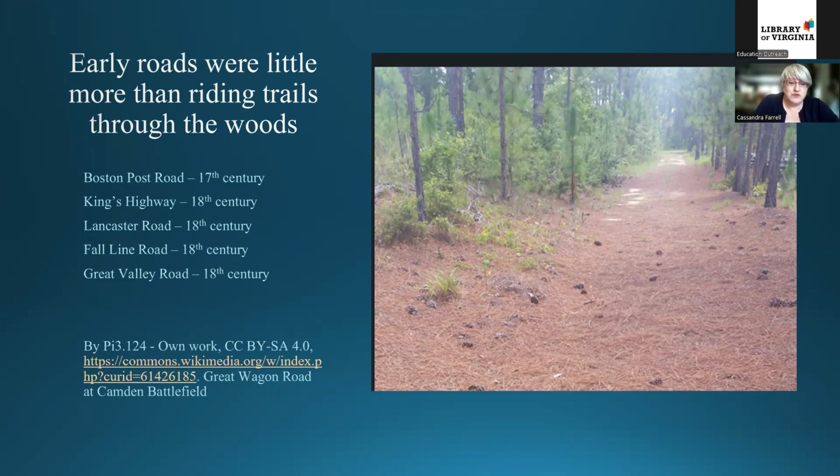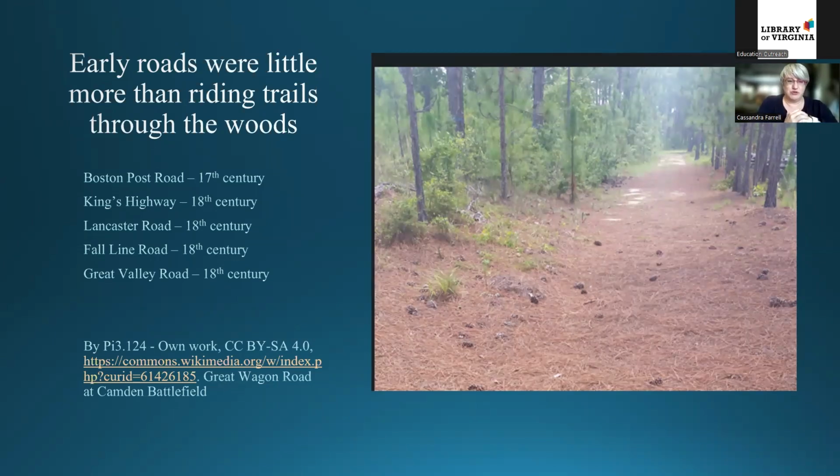As you move into the 18th century, specific major roads emerge. For example, the Boston Post Road exists and is in use in the 17th century. There is a road called the King's Highway that was in operation in the 18th century. The Lancaster Road in Pennsylvania connected Philadelphia with Lancaster.